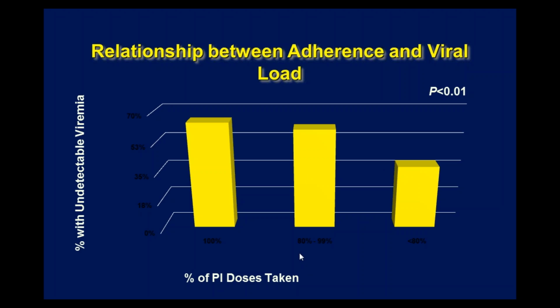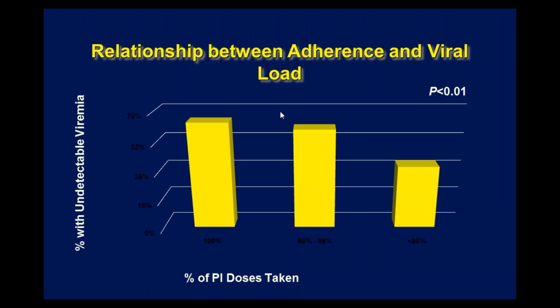If you took somewhere between 80 and 90%, 65% of the patients had an undetectable viral load. So that 80% cutoff seems to be important. Like I said, this study was done back in the 90s.